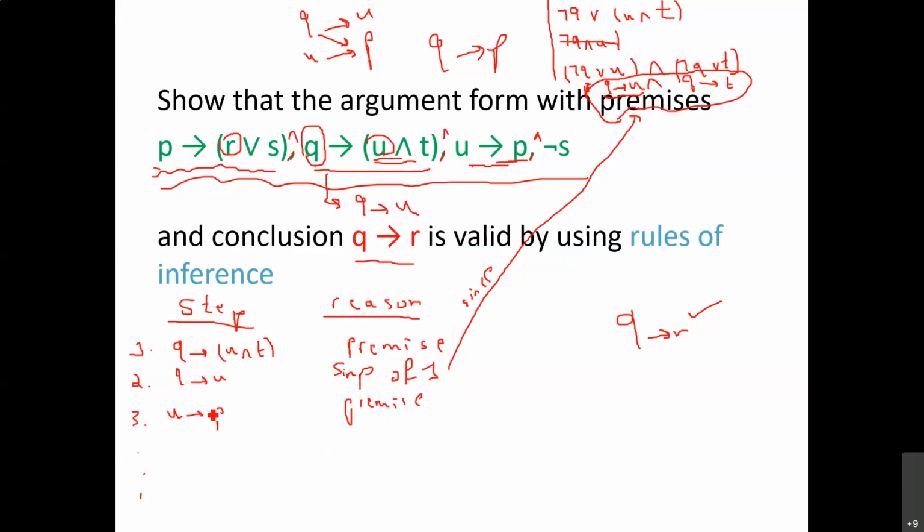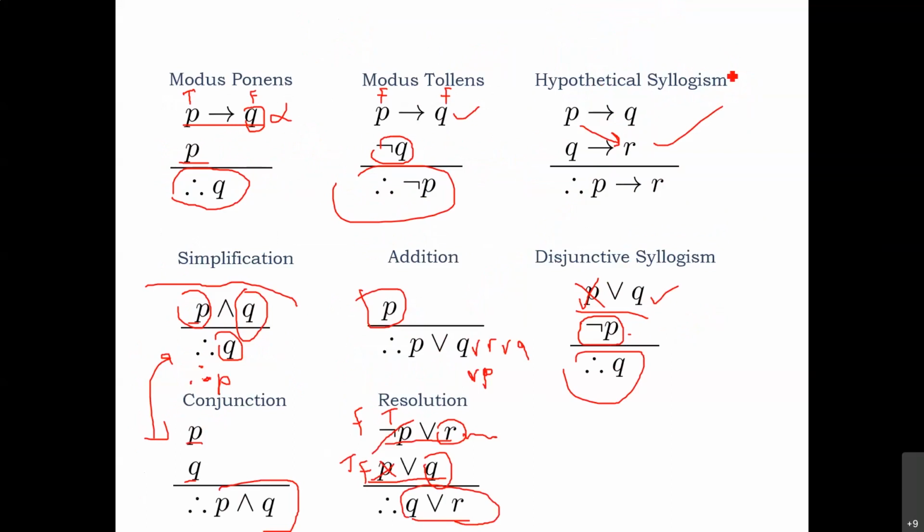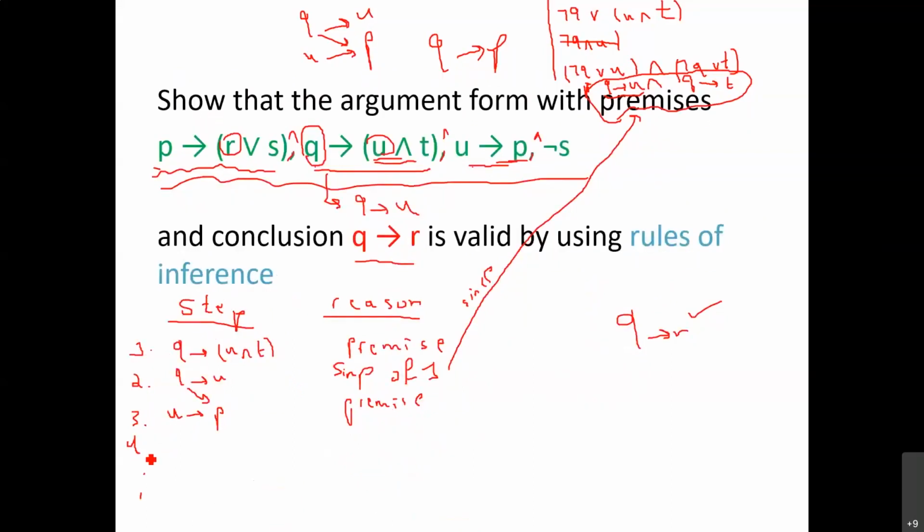So I can use the bridge idea, which is hypothetical syllogism. So step 4 says, I have now Q implies P by 2 and 3, HS.